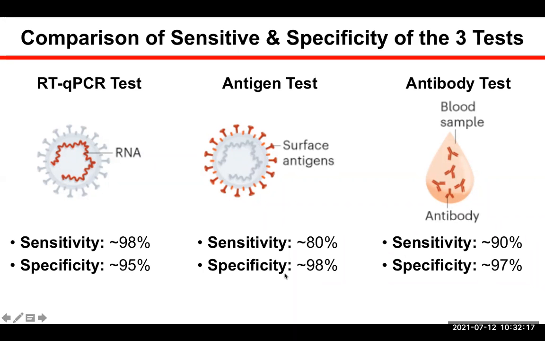But it has a high specificity, meaning that if a person isn't infected, most of the time it's going to register that the person doesn't have it. The antibody test is kind of a happy medium between the two, with a sensitivity of about 90% and a specificity of 97%.